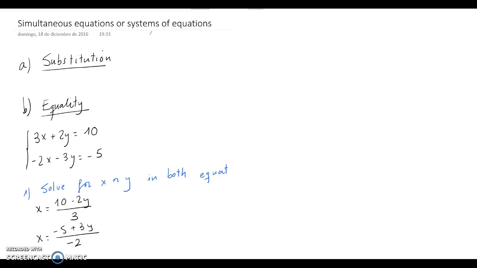Be careful and don't forget the negative denominator. After this, I have to equalize both expressions.